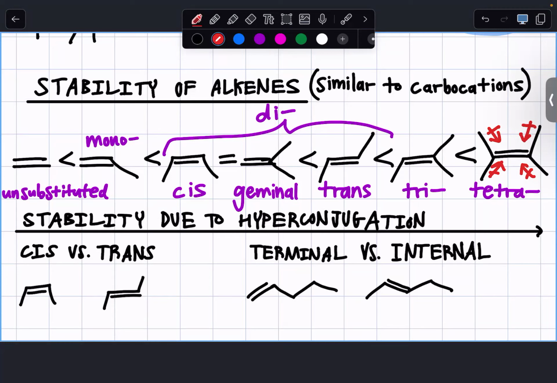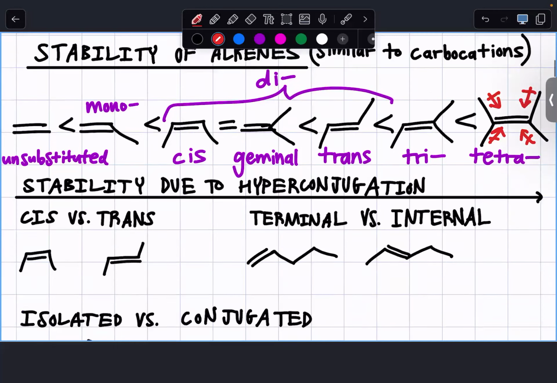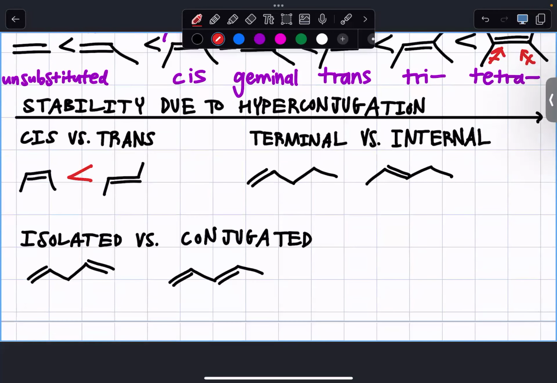Tetra is the most stable because of the most amount of hyperconjugation. And like we said, trans is more stable than cis because of steric hindrance. Trans has less steric hindrance. It is more stable. Okay.